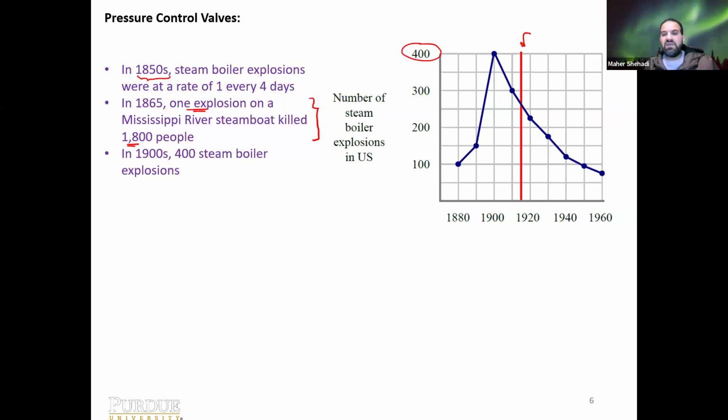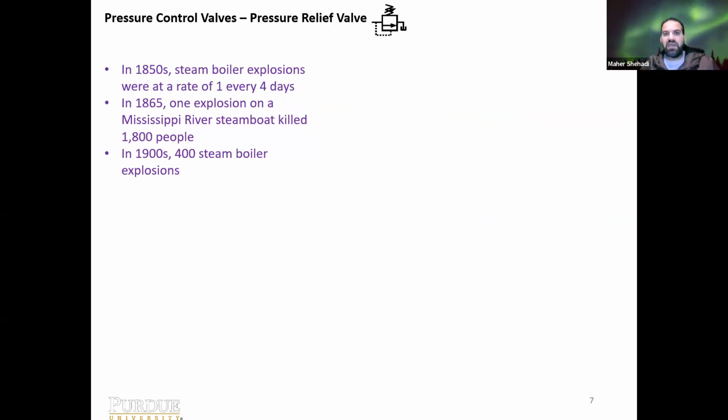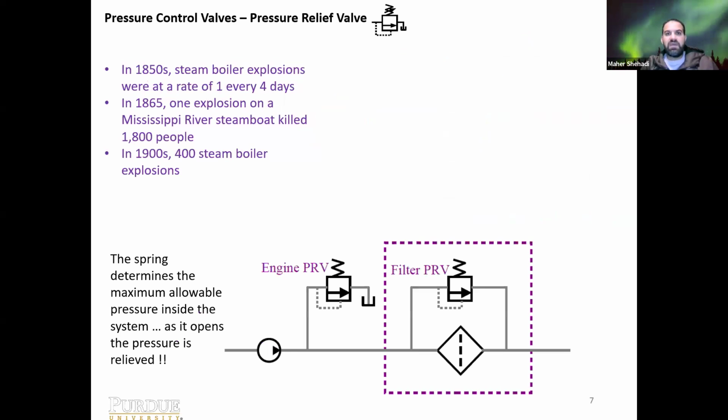That's when they started including pressure relief valves inside the system. So anytime something happens and the pressure goes all the way up, you will have a relieving mechanism which relieves the pressure back into some other system, or into the atmosphere, or to the tank, depending on what you're doing.